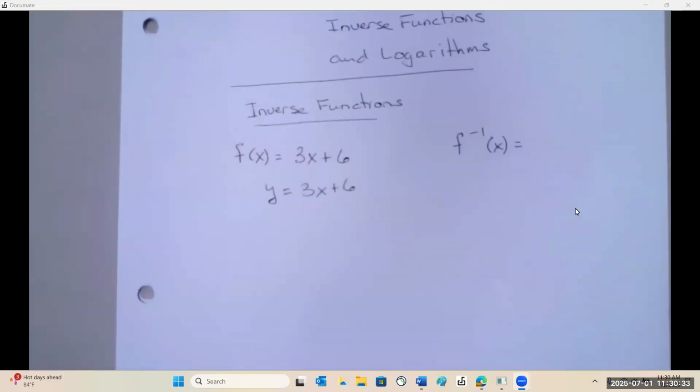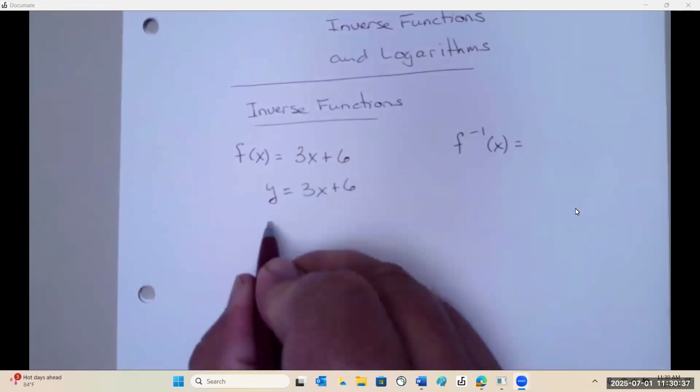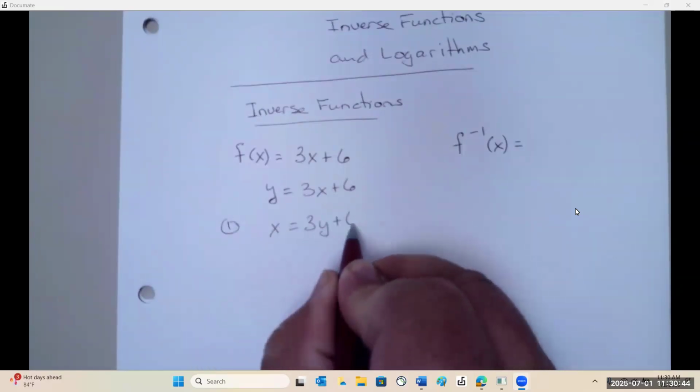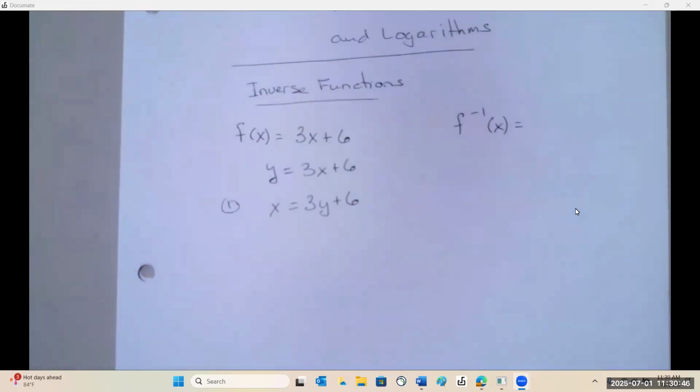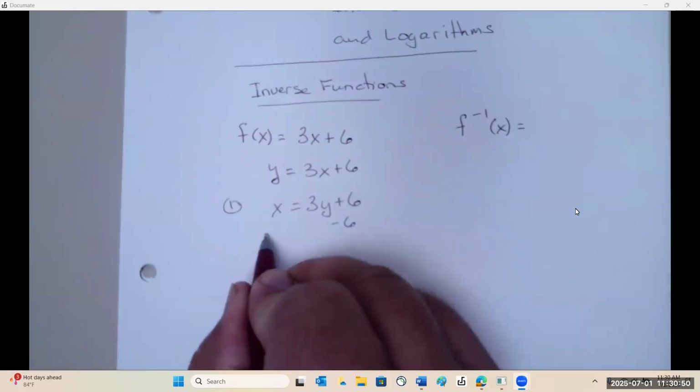The way you find the inverse function. First step, switch x and y. And solve for y. So we subtract 6.